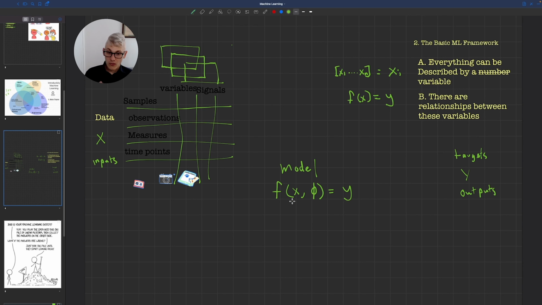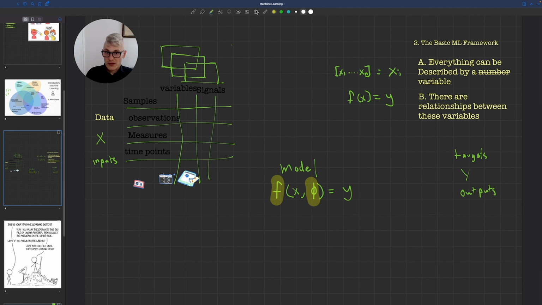Very often, all of the fanciness of what we do goes into figuring out exactly what this function here should be, and all of the wizardry is in figuring out this function and these parameters. You're given the X, you're given the Y, and you have to figure these things out. Occasionally, you'll actually be given the model and the parameters, and you have to figure out X and Y, right? Similar idea. But that is what's going on here. You're constructing this model that converts your inputs to your outputs.